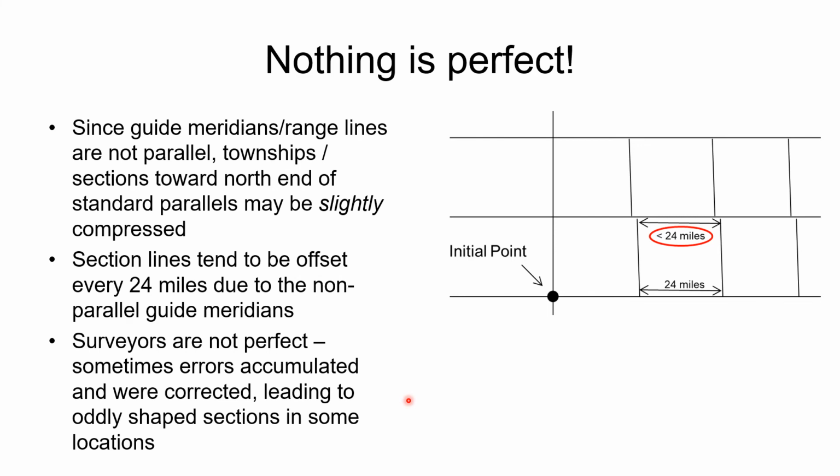So sometimes you'll run into sections that are not square and not a perfect mile. They might be rectangular or have a little notch out of them or be some other strange shape. And that's sometimes because that section is basically holding the accumulated error that was accumulated somewhere else. Those are some of the things that you will run across when you're looking at, for instance, survey maps. But it's part of the charm as well, of course, right?